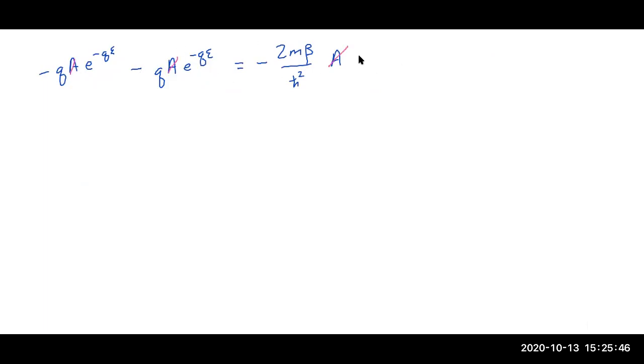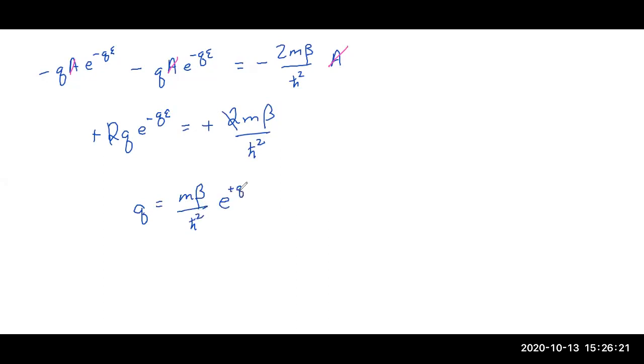Woohoo! Which is good, because I didn't know what they were anyway, so that's convenient. So this gives me minus 2 times q e to the minus q epsilon, which is equal to minus 2m beta over h bar squared. So say, okay, then the 2's cancel, the minus signs cancel, and I am left with q equals m beta over h bar squared e to the plus q epsilon.